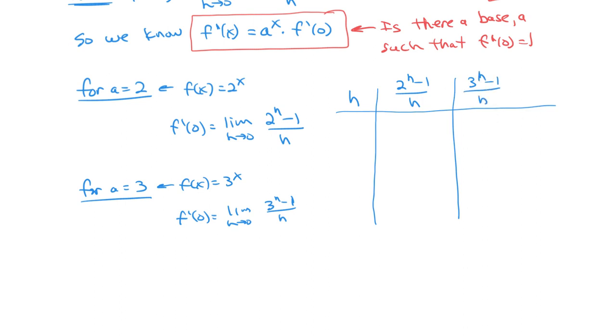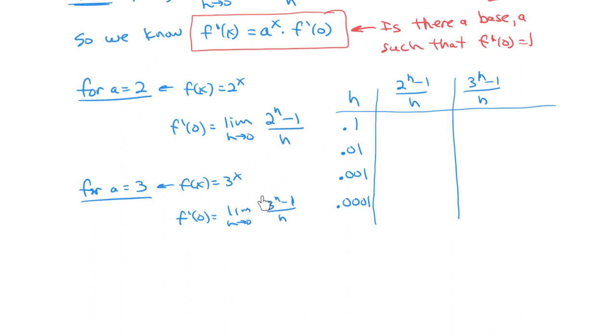Okay, so I just put this in the calculator under y1. I put y1 equals 2 to the x minus 1 in parentheses divided by x. And then in y2, I had 3 to the x minus 1 in parentheses divided by x. And then I'm going to plug in these various values of x: 0.1, 0.01, 0.001, 0.0001.